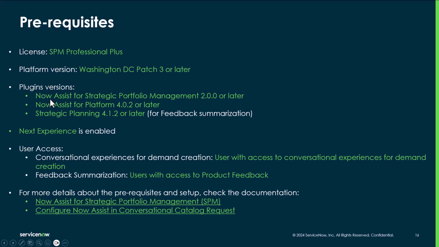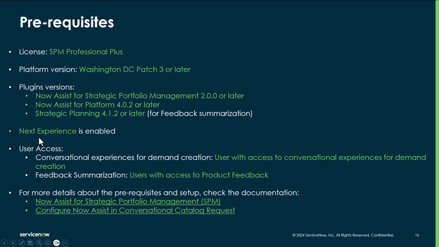So plugin here, Now Assist for Strategic Portfolio Management 2.0.0 or later, as you have new releases coming later on, you get new versions, but at least this one to start. Now Assist for Platform 4.0.2 or later. And for feedback summarization, as the feedback summarization is available as part of the strategic planning workspace, you need the strategic planning workspace 4.1.2 or later.